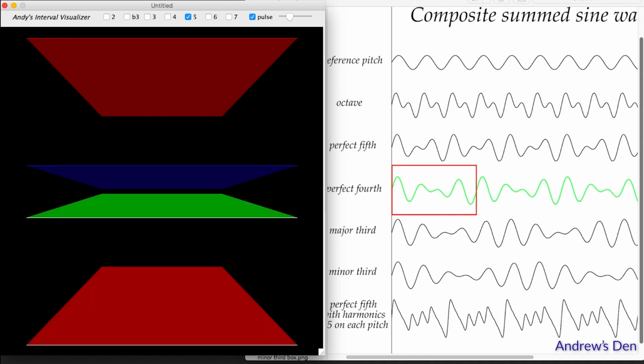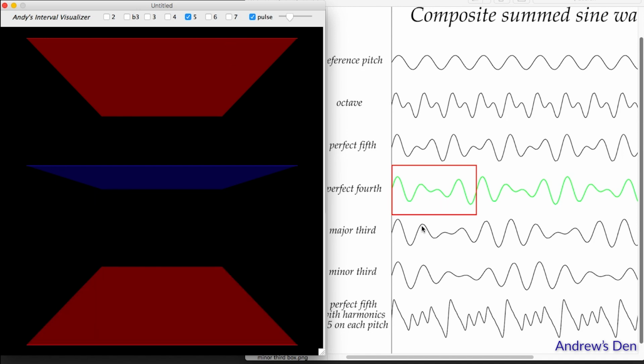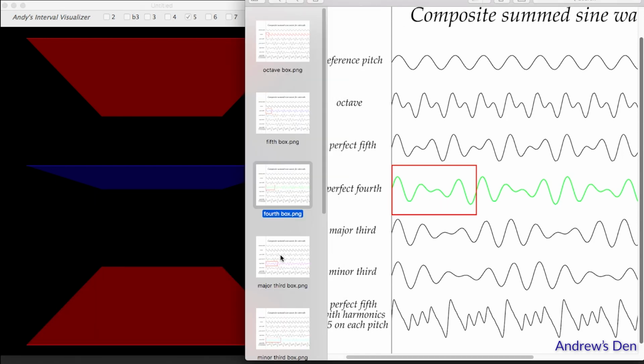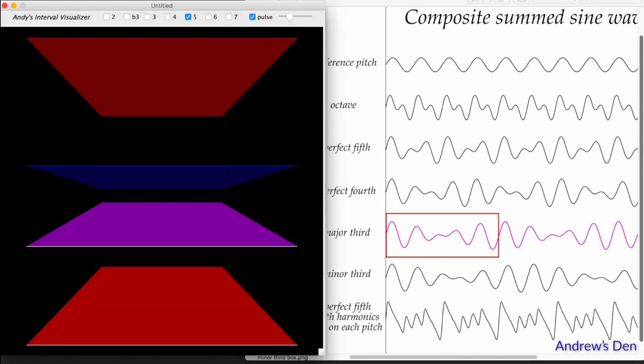So this is fun. Let's look at the major third then. The major third is a ratio of 5 to 4, 1, 2, 3, 4, 5 peaks indeed, and there we can see it's making that pattern.